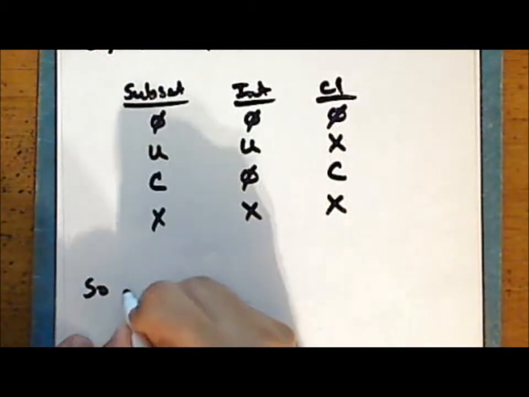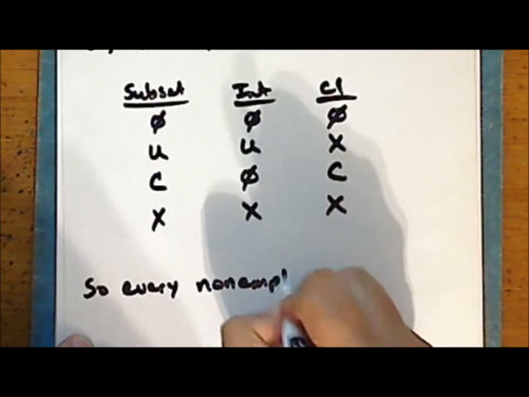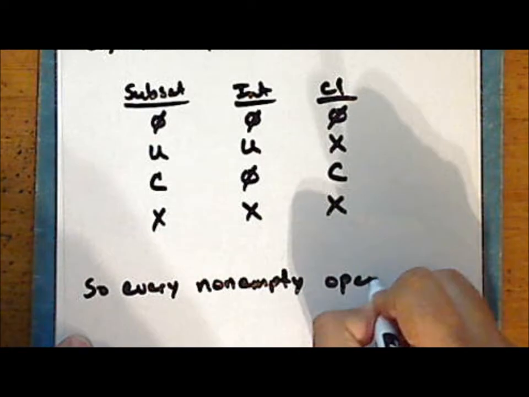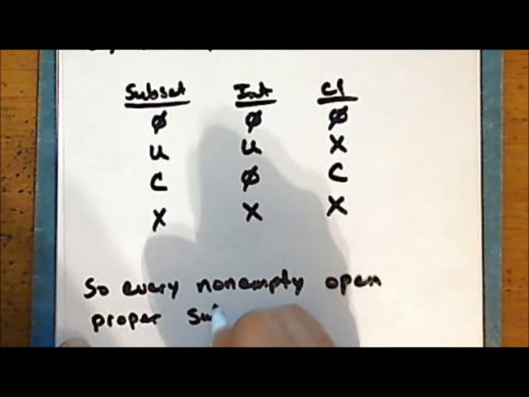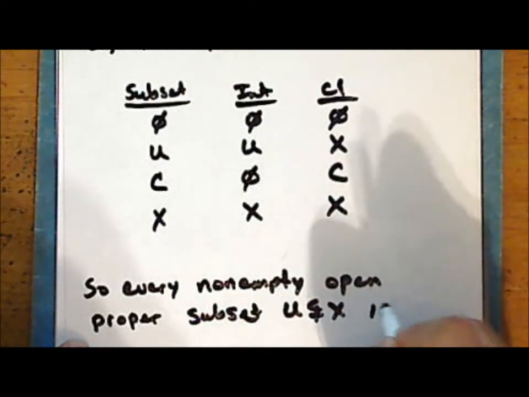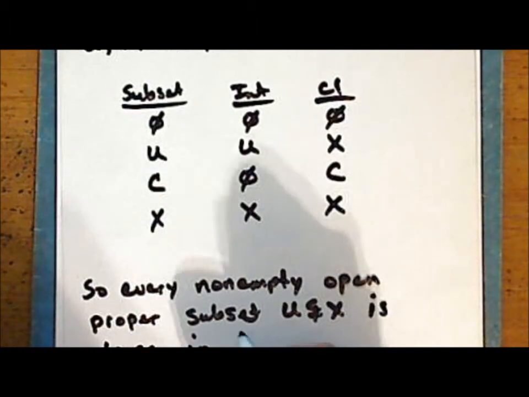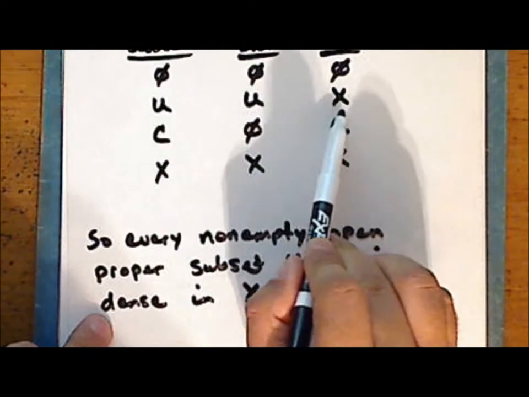So every non-empty open proper subset U of X is dense in the space X with the particular point topology, since its closure is the entire set.